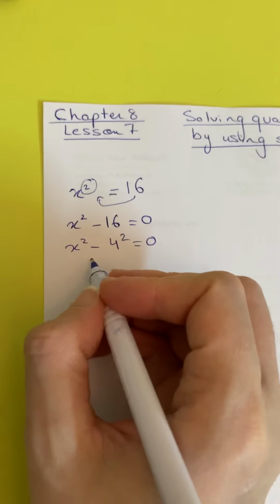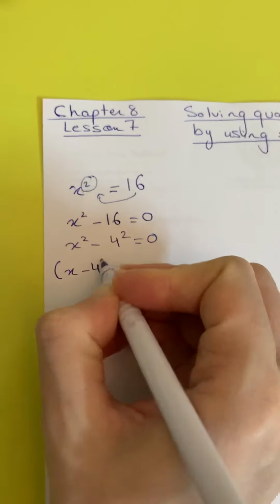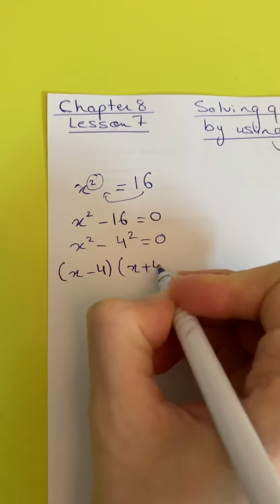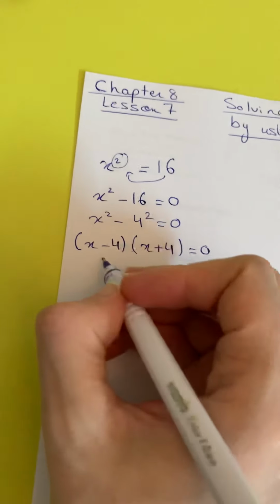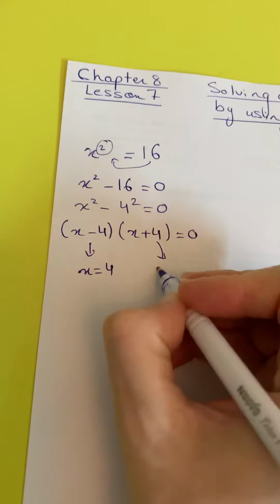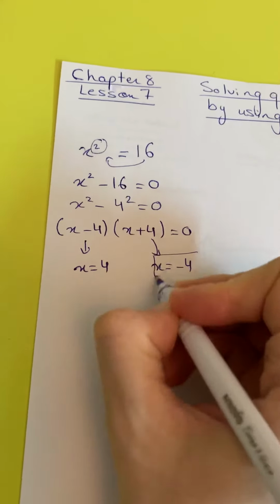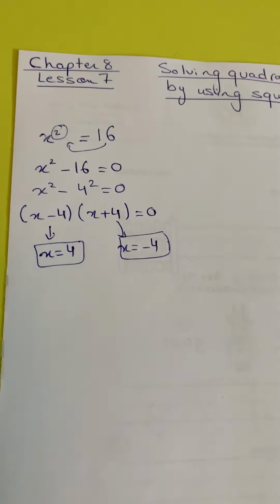And this is the difference of two squares method. I would put the first minus the second, and then the first plus the second. I hope you remember this way of factoring. This will give me x equal 4, and this will give me x equal negative 4. And this is how we used to solve it by the previous way.